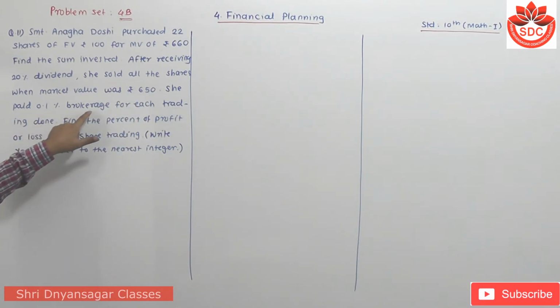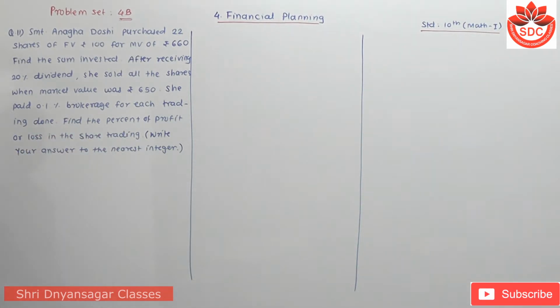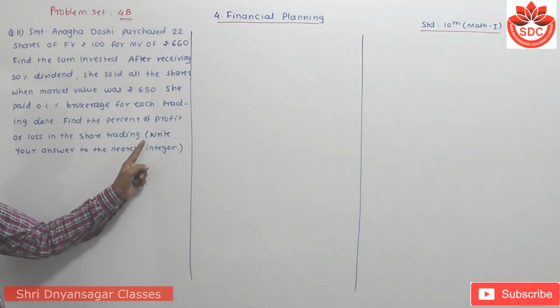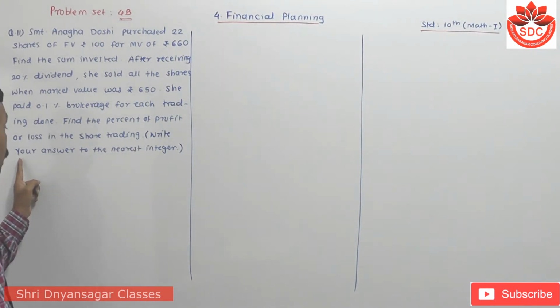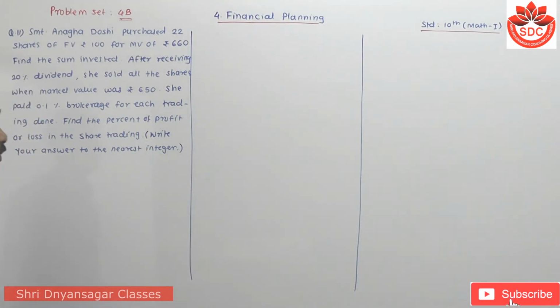She paid 0.1% brokerage for each trading done. Find the percent of profit or loss in the share trading. Student, in this, in brackets, write your answer to the nearest integer, meaning the final answer is an integer.